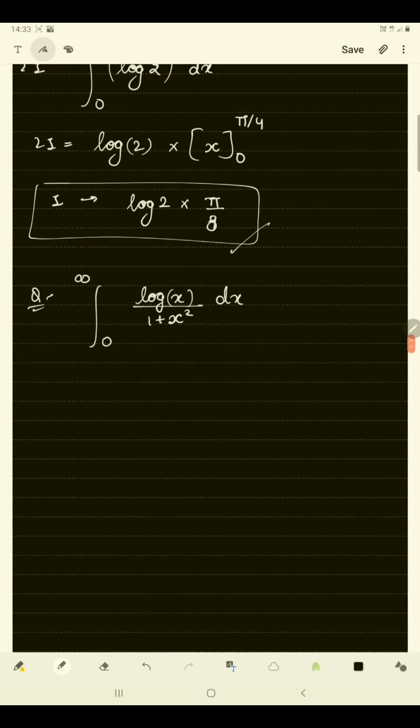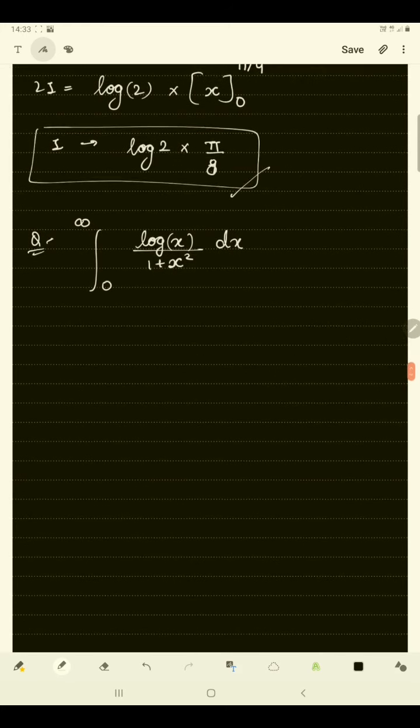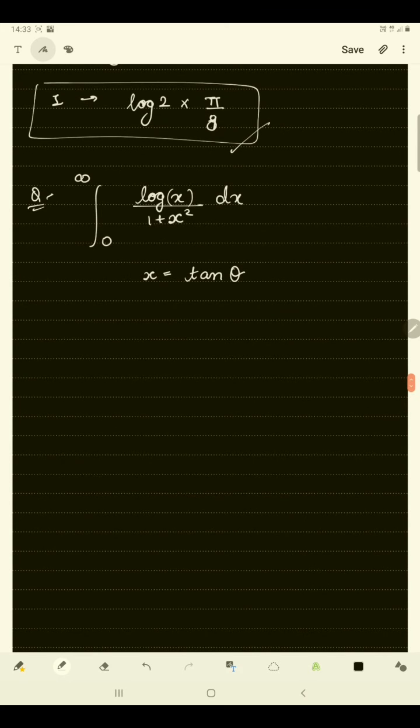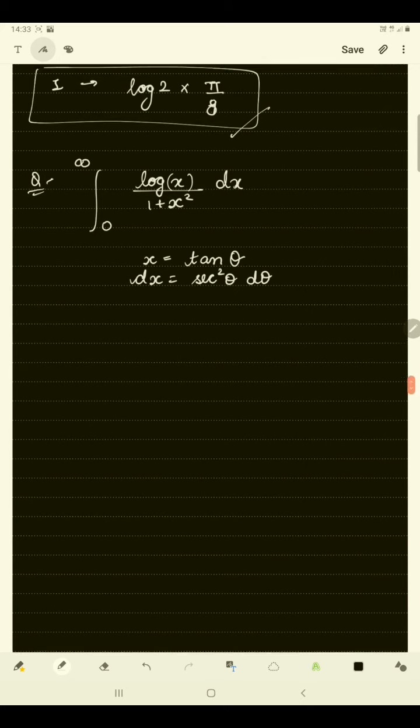So we just need to substitute the x in such a way that the x should vary from 0 to infinity. So if you think about the substitution, we are actually going to use some trigonometric substitution in this question. So we are going to substitute x as tan theta. Substituting this, we actually need to substitute dx as well. So differentiating both sides, we get secant square theta d theta.